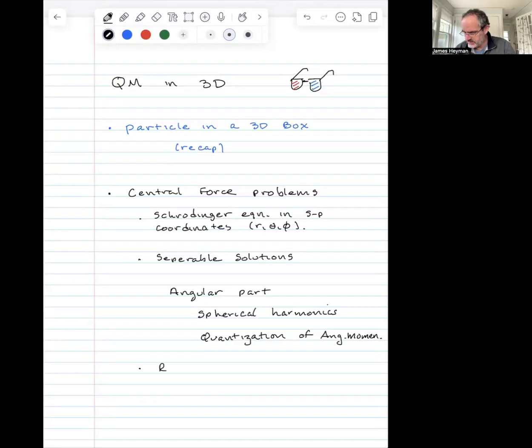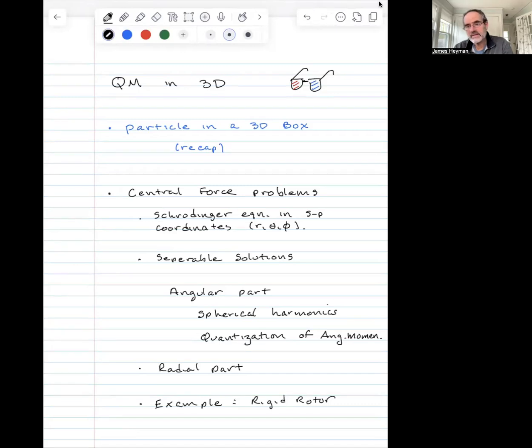Then we'll look at the radial part of the wave function. And then the final thing I want to do is to look at an example of kind of the simplest possible central force problem, which is called the rigid rotor. All right? So that's what we're going to do.